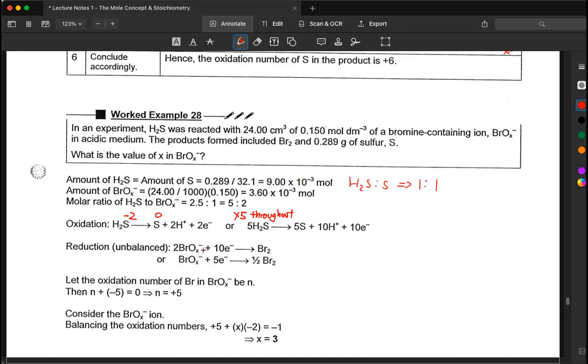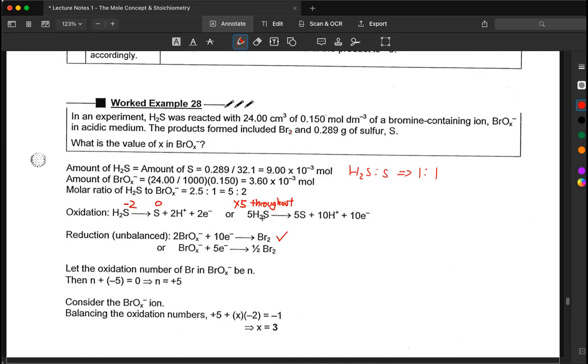So you can just write it in terms of this, which is easier. Now, 10 electrons. The number of electrons transferred should be the same. Let the oxidation number of Br in BrOx minus be N. So N plus -5 gives you 0. So N equals +5.